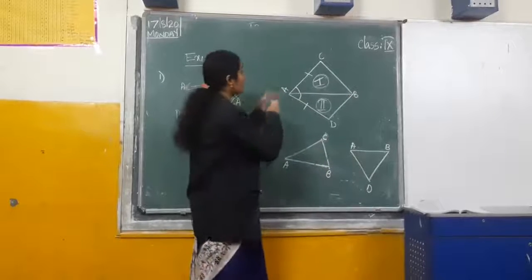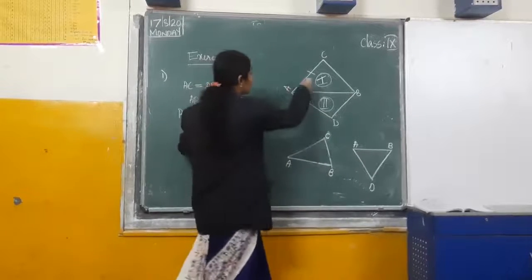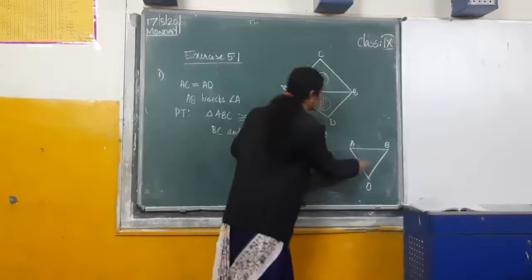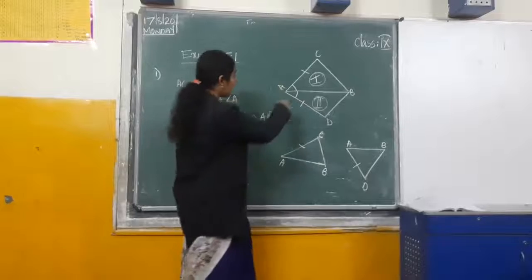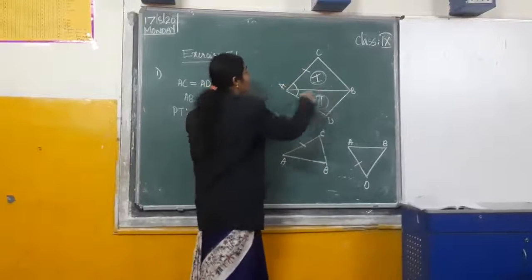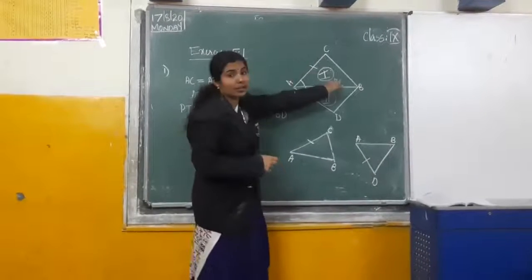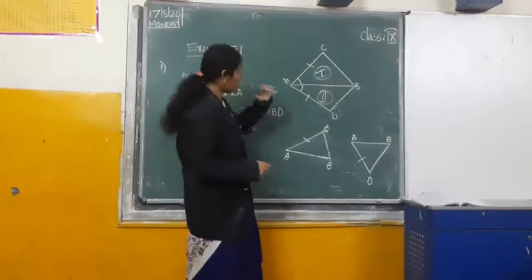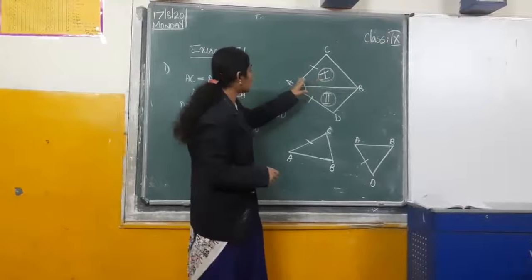And show the equal symbols they have given. Here AC equals which one? AD. Show those symbols. And here angle CAB is equal to angle DAB. What is the reason? The line segment AB is bisecting angle A.